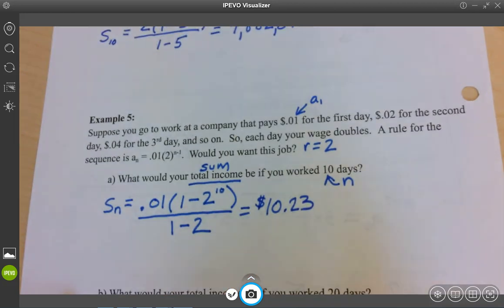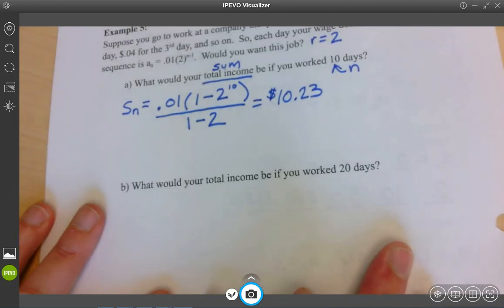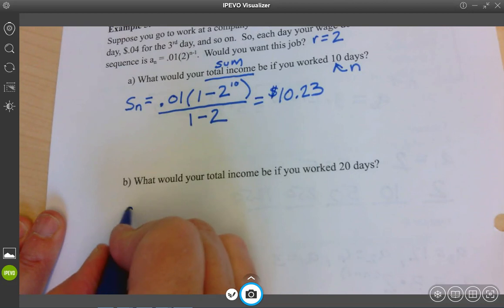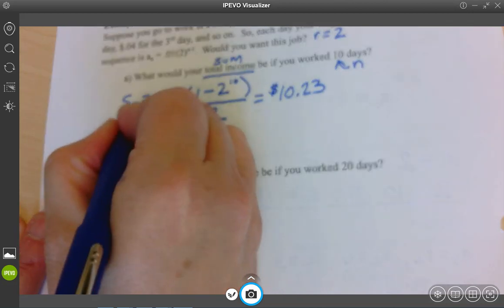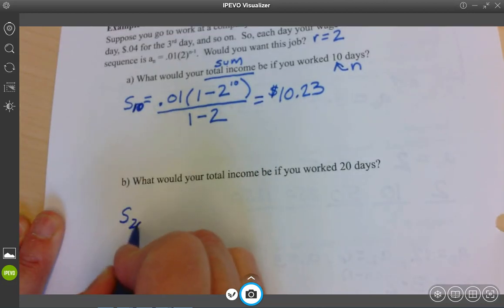No, thank you. All right, let's figure out 20 days, okay? I should have put S sub 10 there. S sub 20.